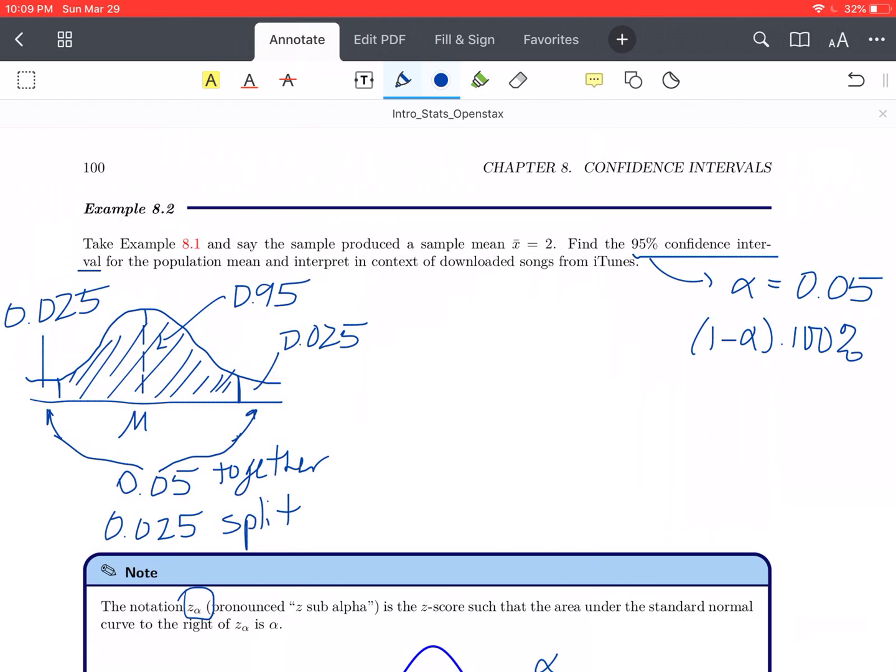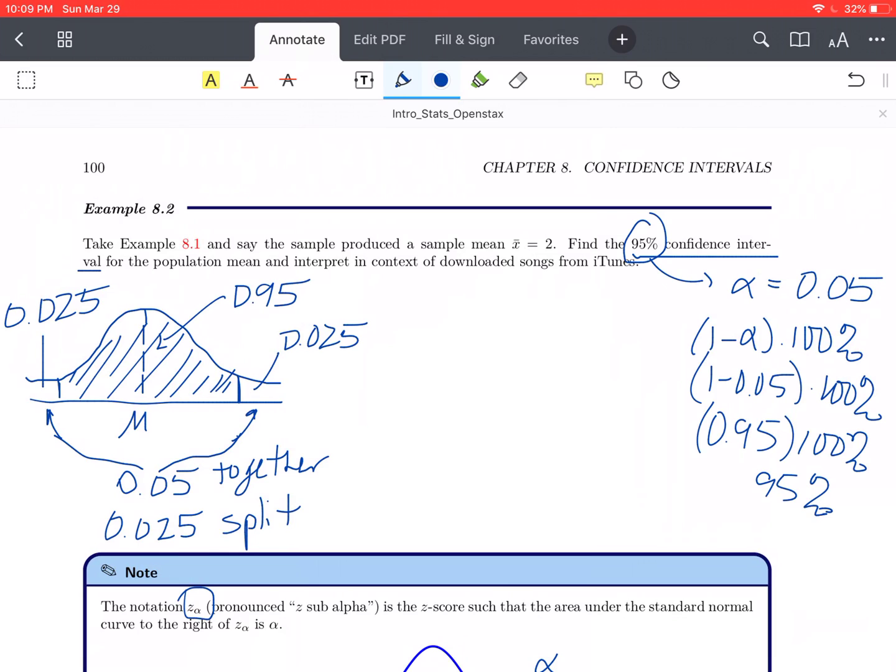So if that's 95%, then that's 1 minus 0.05, right, times 100%. So that's 0.95 times 100%, which is 95%. All right, so you can go about it that way, finding the alpha value. Okay, but if you just remember that it's whatever's left after we have the 95, that's our alpha value.